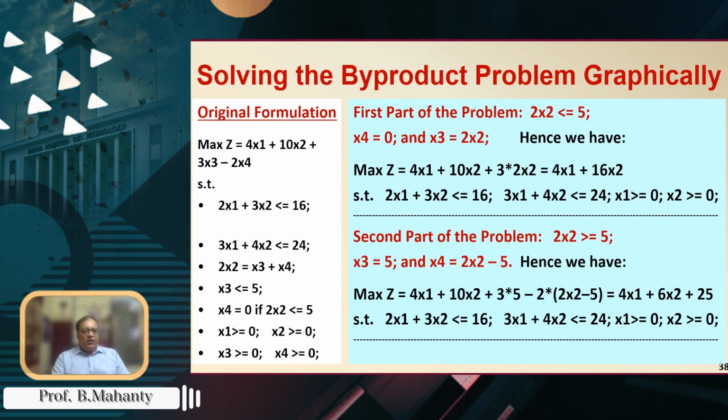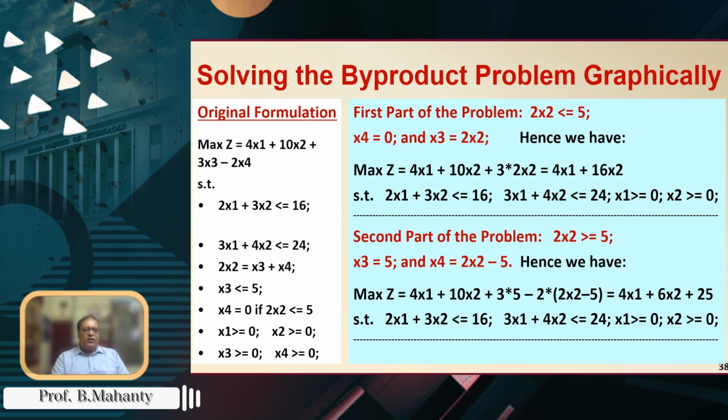And in the second part, when 2x2 is greater than or equal to 5, x3 equals 5 and x4 equals 2x2 minus 5. So we have 4x1 plus 10x2 plus 3 into 5 minus 2 into (2x2 minus 5). Simplifying, this will be minus 4x2, so 10x2 minus 4x2 is 6x2.